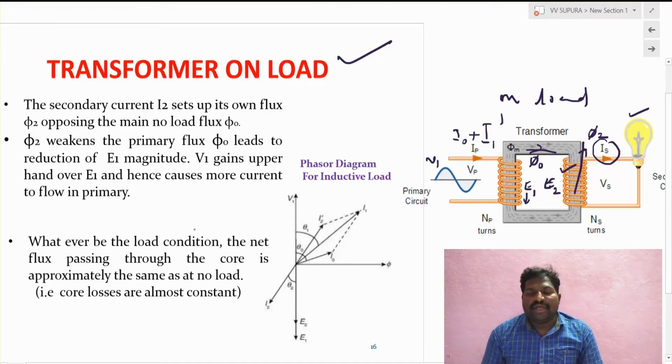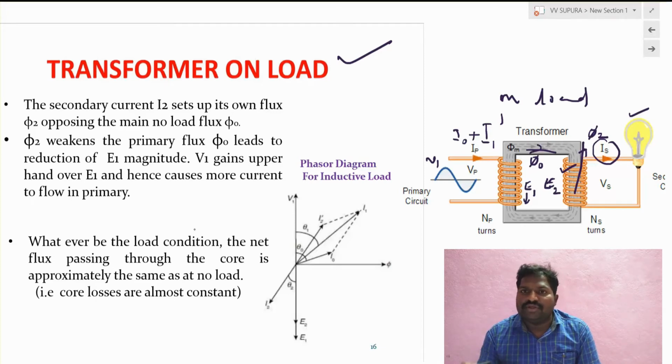It is very important. When the transformer is connected on load, the secondary terminal current I2 will flow through the load, and I2 will produce its own flux, which will oppose the main flux, and the flux will be weakened. So the flux in the core will be reduced momentarily.